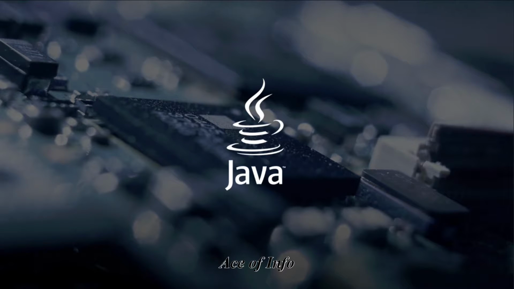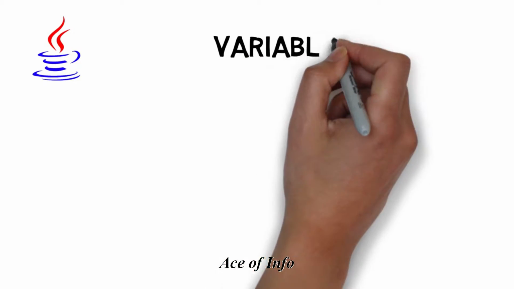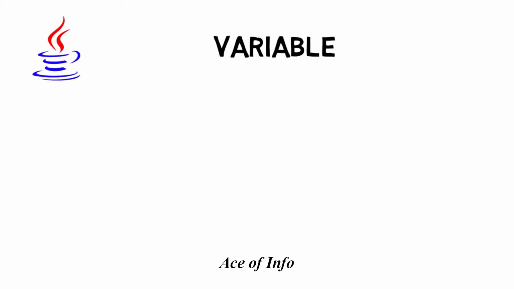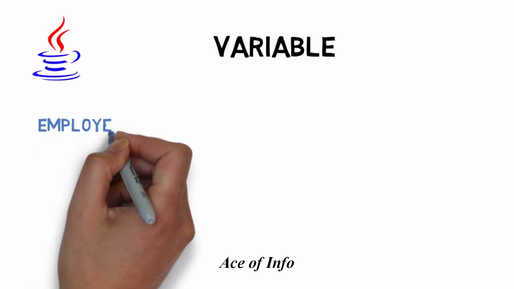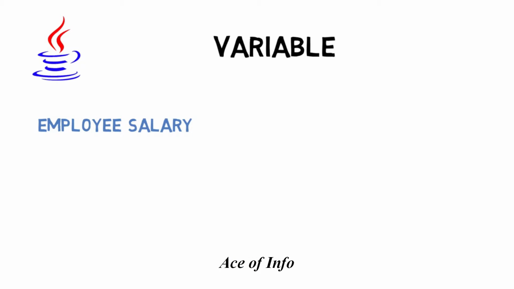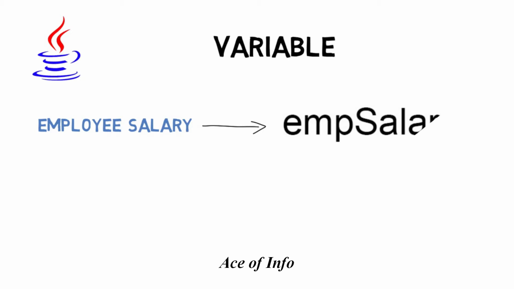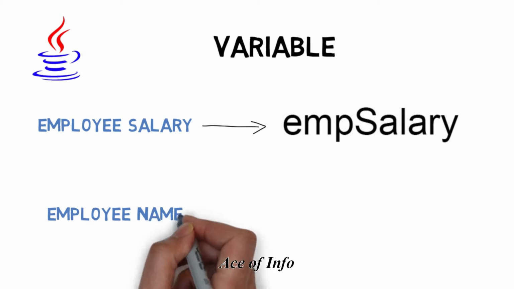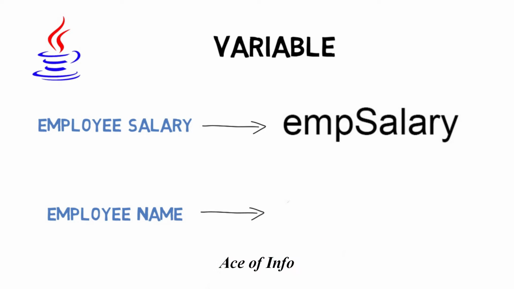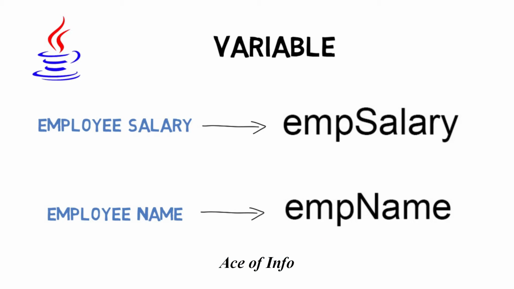Suppose we are using a name for a variable. When we make the name, it should look like a variable name. For example, if you are using a variable for an employee's salary, you can use empSalary. Or for employees' names, you can use empNames.